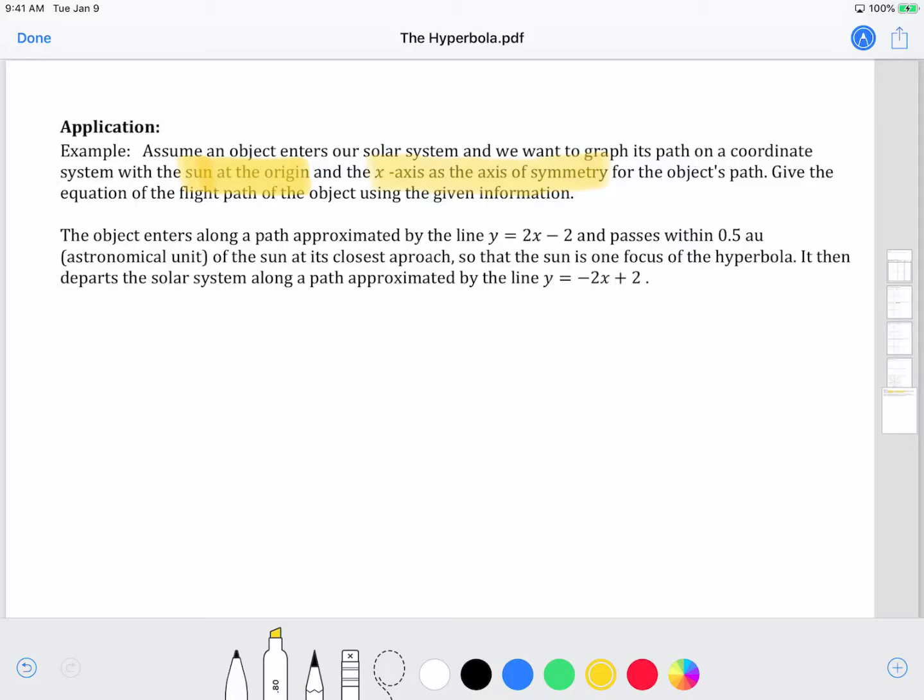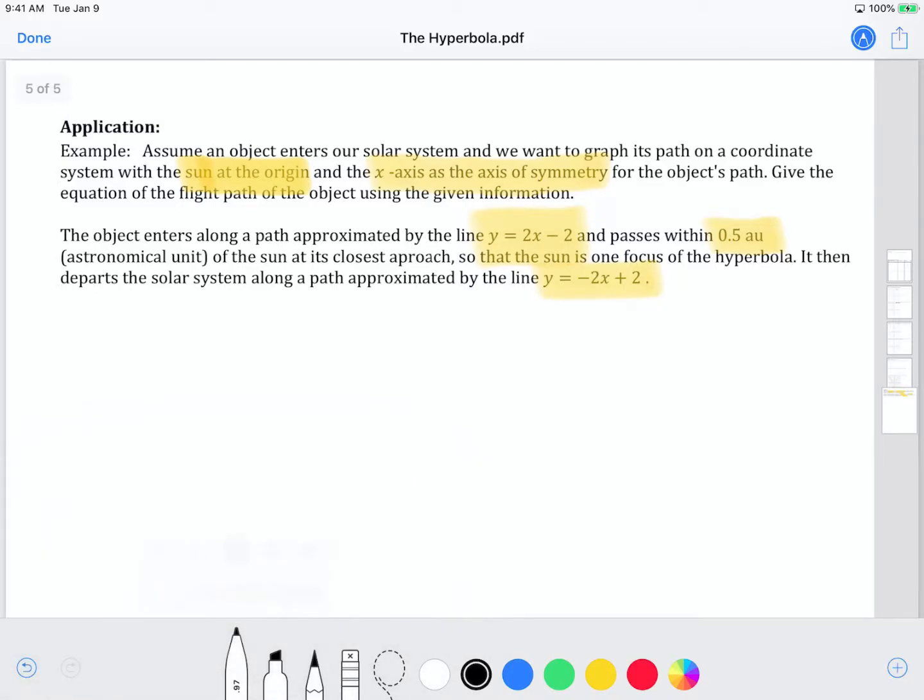And the other information that it gives us is our asymptotes, because it says the object enters along the path y equals 2x minus 2, and its closest position to the sun is 0.5 astronomical units away, and then it leaves the solar system along the path y equals negative 2x plus 2.